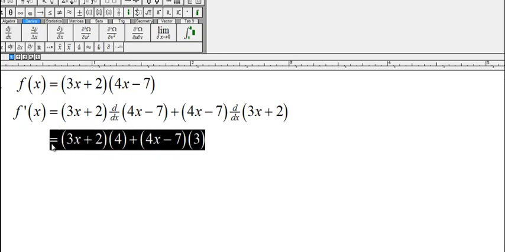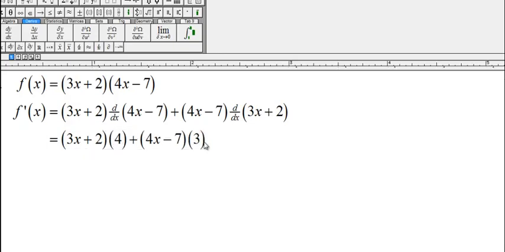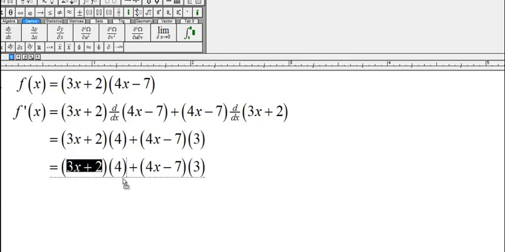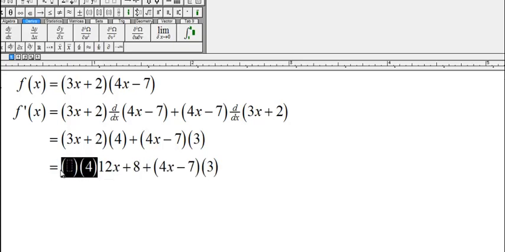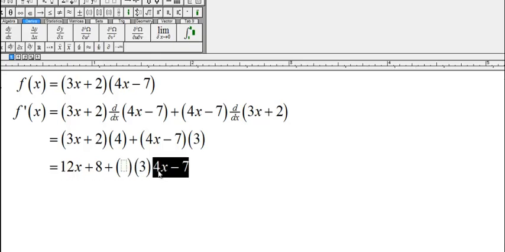Let's copy and paste here, and if we distribute this 4, what do we get? This becomes 12x plus 8, and that 4 is now gone. We take this 3 times this part right here and distribute: 3 times 4 is 12, and 3 times 7 is 21. That one's negative, and now the 3 is gone.